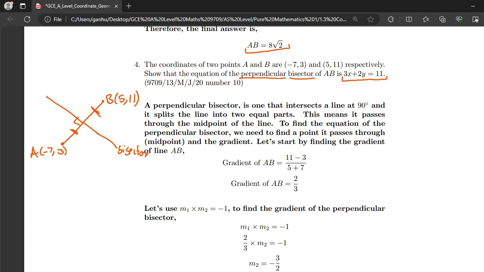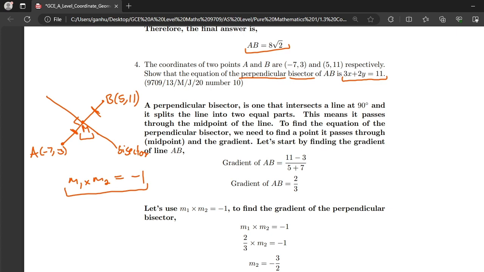Since it is a bisector, it must pass through the line AB at the midpoint. And since it is perpendicular to AB, we know that m1 times m2 is equal to negative 1. So if we can find the coordinates of the midpoint and the gradient of our perpendicular bisector, then we should be able to find its equation.